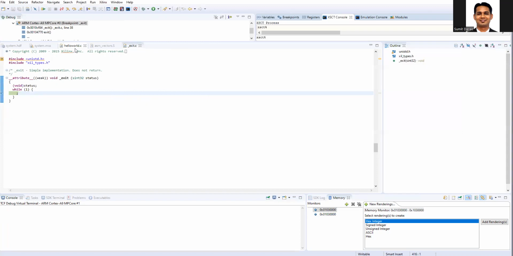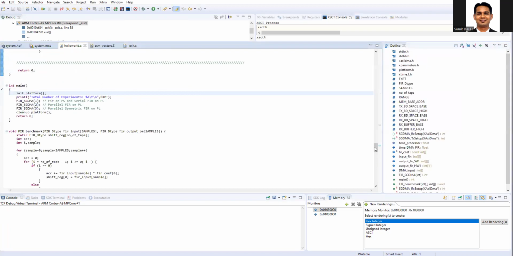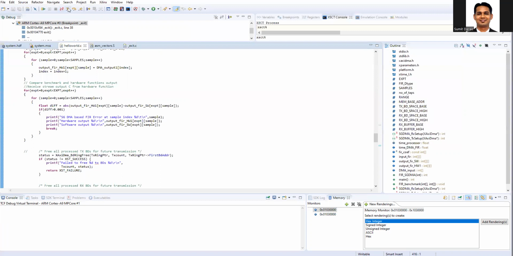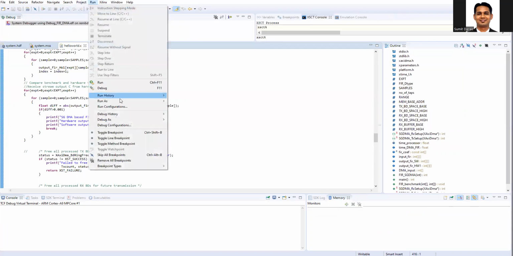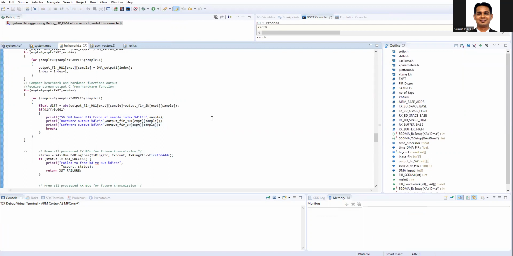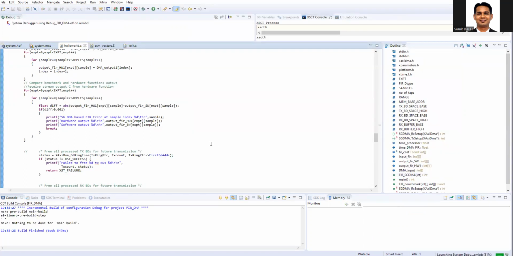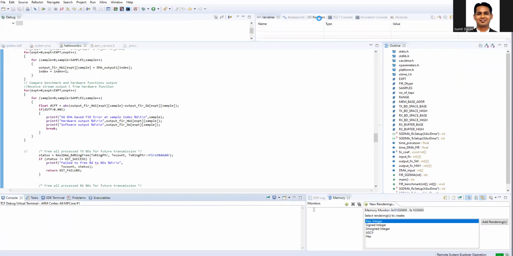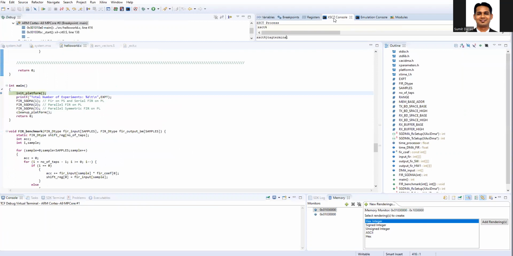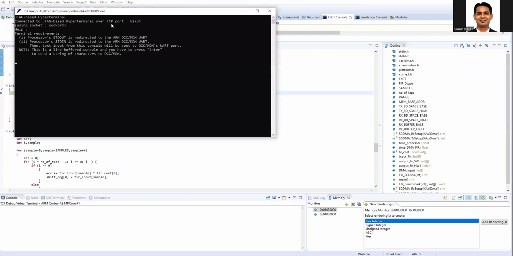Now what we'll do is run the code step by step to understand what happens in every step of the code.